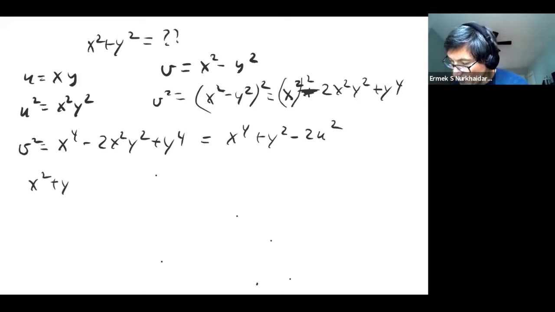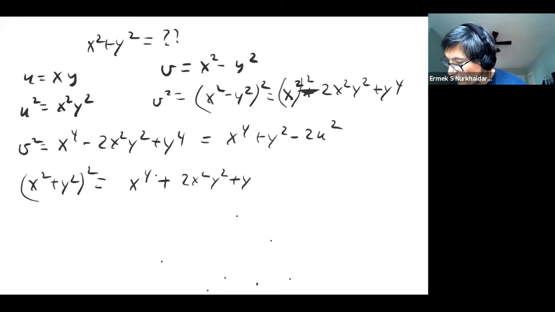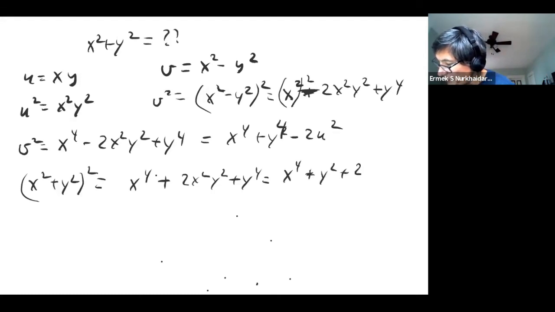Here we have x squared plus y squared. And if I square it, the same way as I squared x squared minus y squared, I'm going to get x to the fourth plus 2x squared y squared plus y to the fourth. So that is x to the fourth plus y to the fourth plus 2u squared.